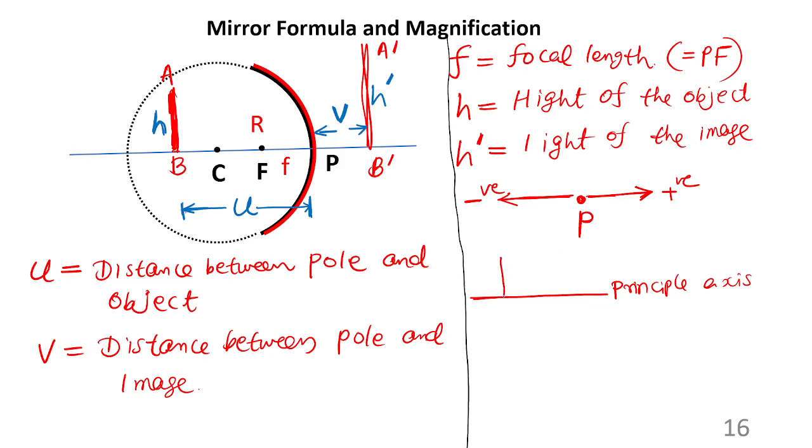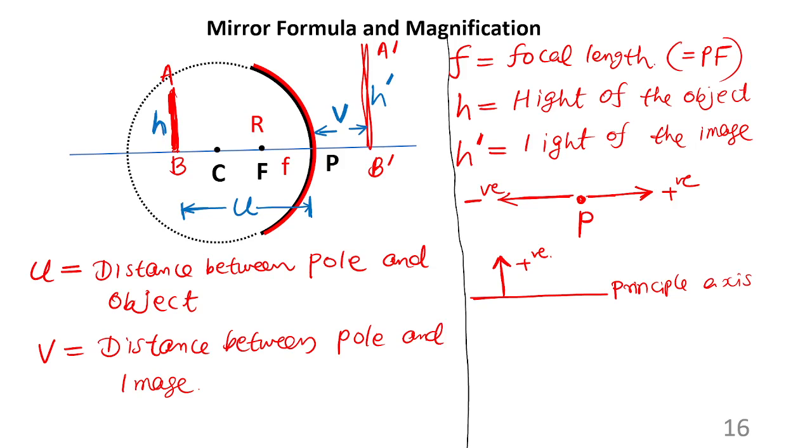The height above the principal axis is taken as positive. So as per this diagram, this H will be positive, because this height is above the principal axis. So any height above the principal axis is taken as positive.